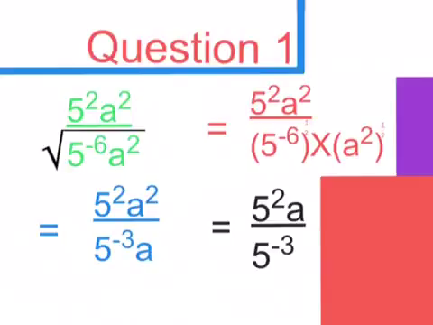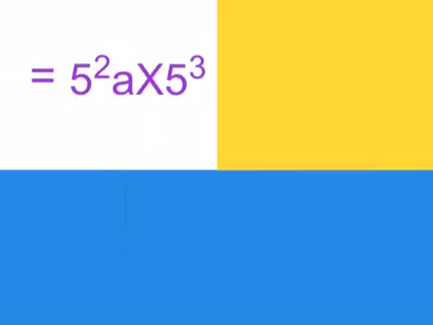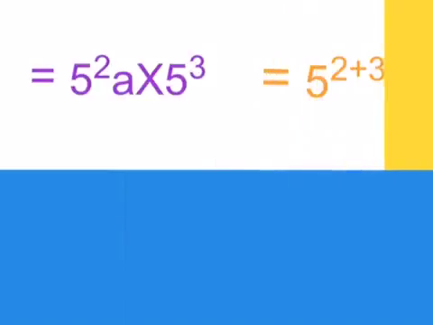Now the next thing you want to do is bring this 5 with the power of negative 3 to the top here, so that we can simplify more. We've brought that 5 with the power of negative 3 up, and it changed its power to positive 3. So now we can continue simplifying.